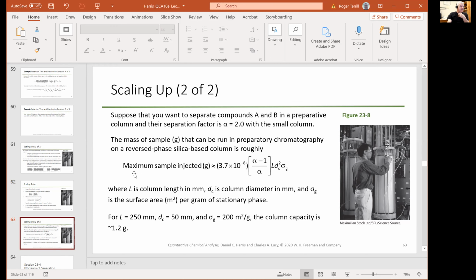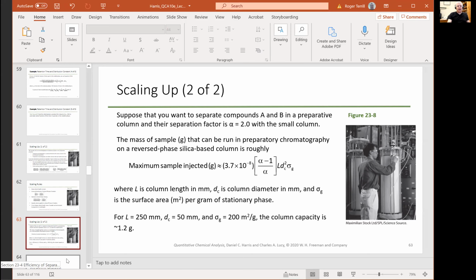And so this is an engineering type of thing here. You can calculate a maximum sample injection here, but unfortunately that is pretty small here, but sigma G can be, I don't know, many meters squared per gram. Anyway, just to know you can do that, but I don't care. You know, it's not a chemistry thing. That's a chemical engineering thing.